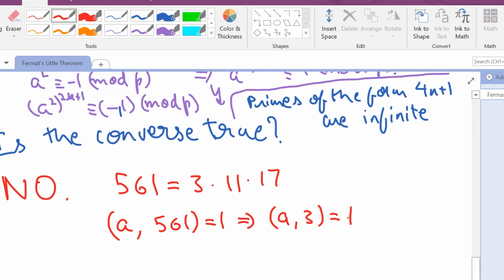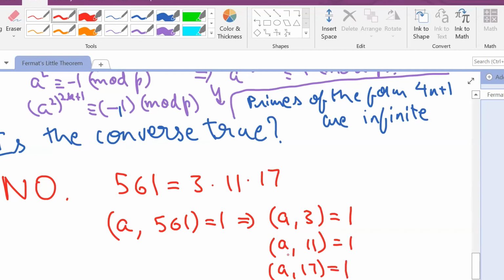It is 3, right? But then 3 divides a, and 3 divides 561, so it's a common divisor of these two. So the GCD has to be at least 3. But that is not possible, right? So the GCD of a and 3 has to be 1. And we can argue similarly to show that the GCD of a and 11 is also 1, and the GCD of a and 17 is also 1.